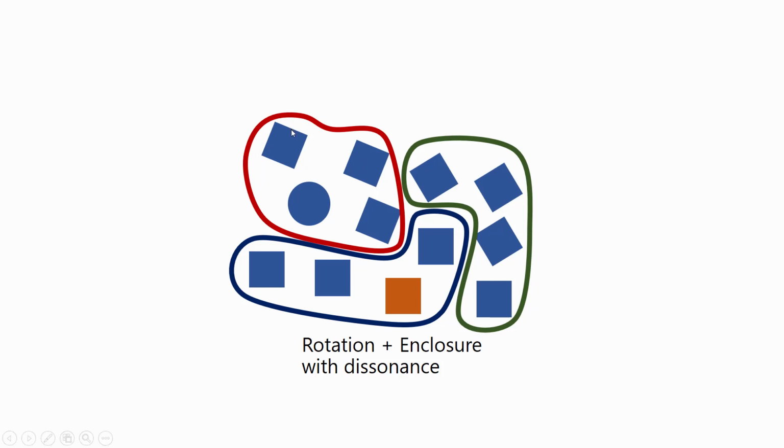Here we have a grouping of spaces that are all along the same rotation, they're the same shape, they're enclosed together, and then we have this orange object that stands out from the rest, or this object that is not on the same grid structure as these. That brings it into focus as a focal element of the space.